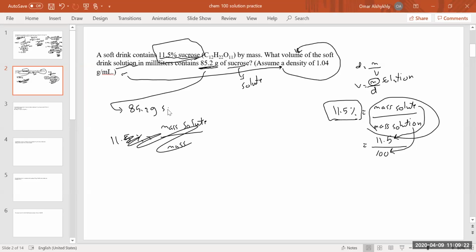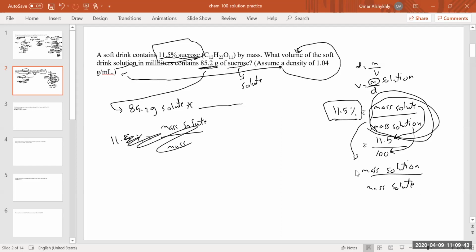sucrose, which is solute. Now times, how will you write down this conversion factor? We need to cancel. So I will flip it. So I will make it mass solution divided by mass solute, which will give me here 100 divided by 11.5.